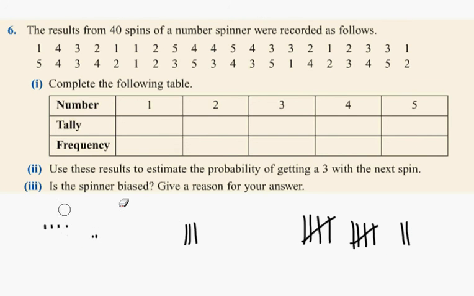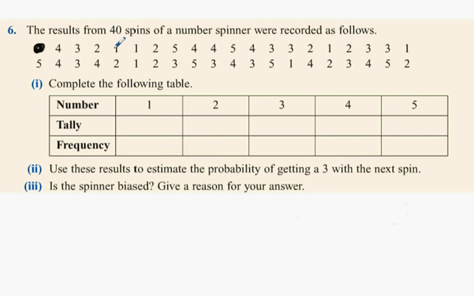How many number 1s do we see? So what you do is you mark them out. Every single time you count, you mark it out. 1, 2, 3, 4, 5, 6, 7. Are we happy with that? How many 2s do we have?